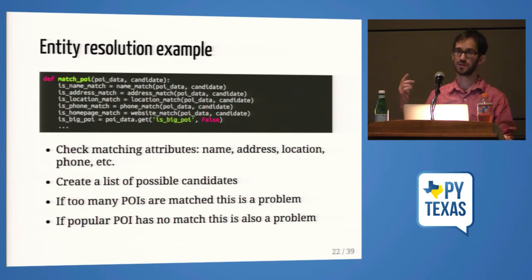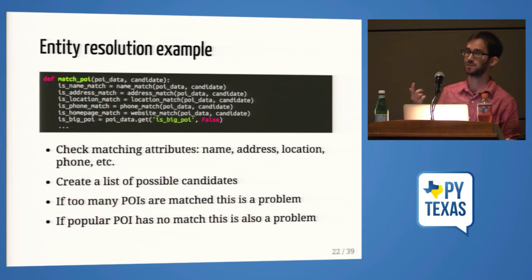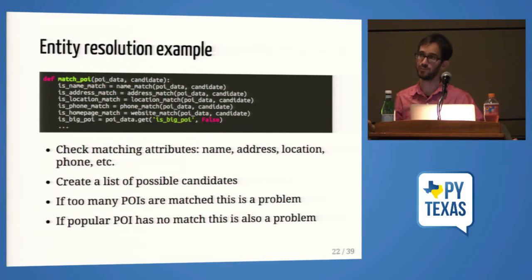Once we do that to all the candidates, we'll create a list of possible candidates, and then we will try to estimate which one is the best match for what we want to find. If we have too many matches for a specific point of interest, it might be that we have bad data or that we have a bug in our entity resolution code.